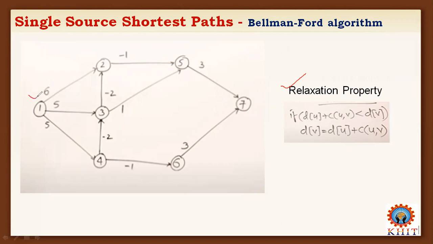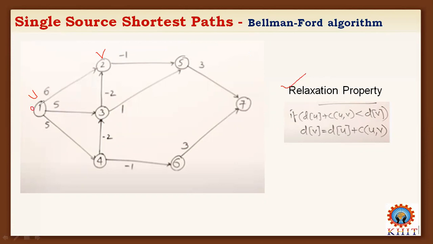Consider this is U and this is V, node U and node V. The relaxation property is: the distance of U is initially 0.